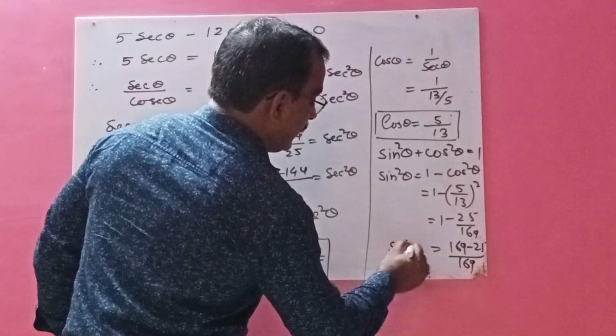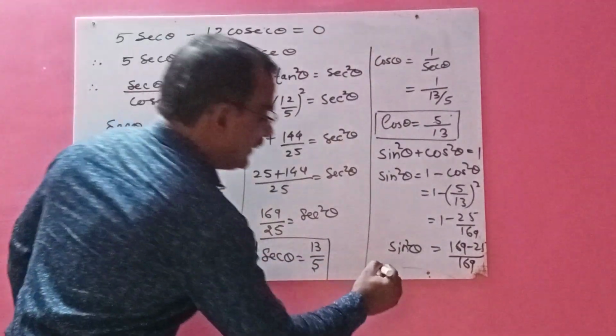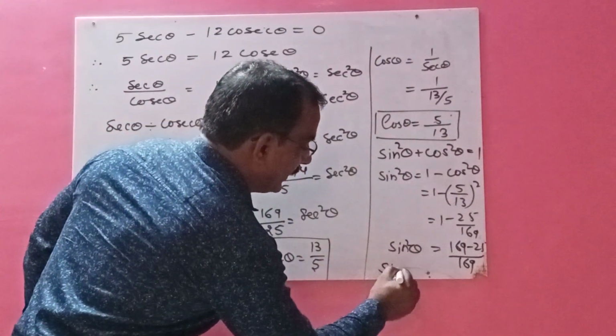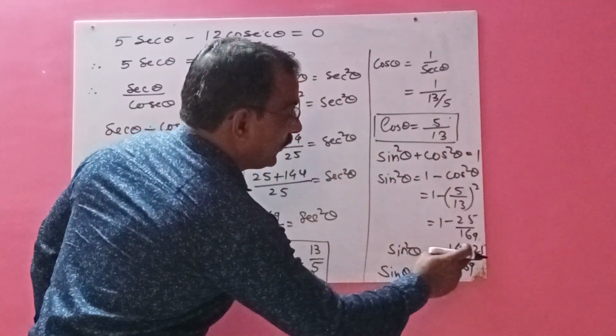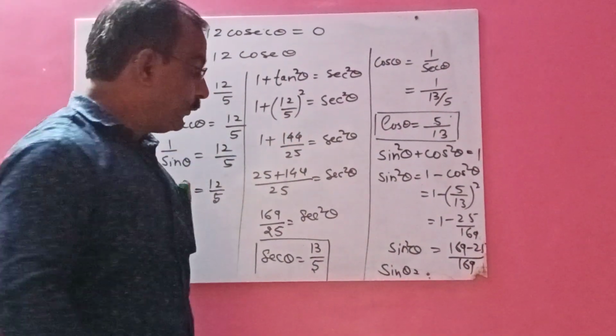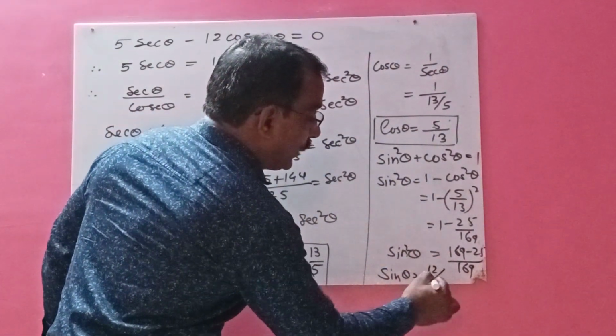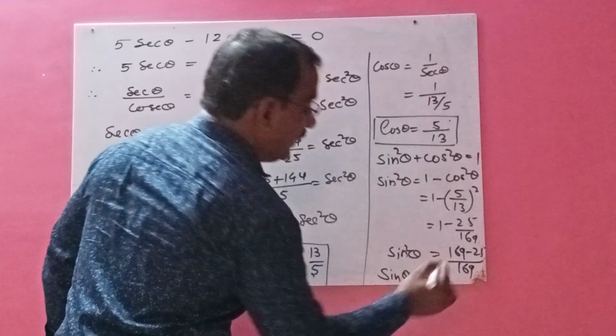This is sin square theta. And then sin theta is equal to what? Sin theta is equal to square root of this. 169 minus 25 is how much? 144. So square root of 144 is 12 and square root of 169 is 13.